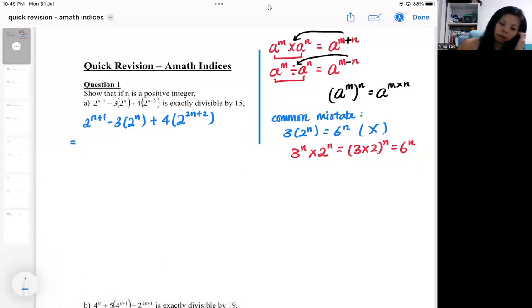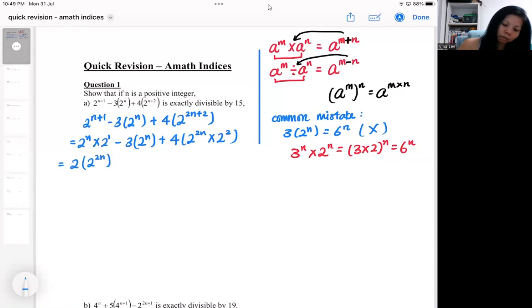Now I'm going to look at the addition here. There's the addition of power, which will come from a multiplication. The second term, I'm going to leave it there. Here, there's also another plus, meaning that it will come from a multiplication. So you will get 2, 2^n, 3, 2^n, and here you will have this.